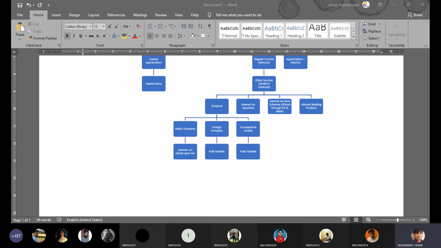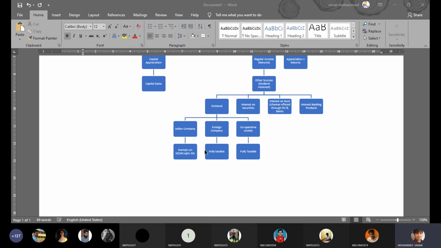So when we say interest on securities, it basically means debt securities, and the immediate point that comes to our mind is debentures and bonds. So interest on security means basically interest received on debentures and bonds. So keep that in mind.